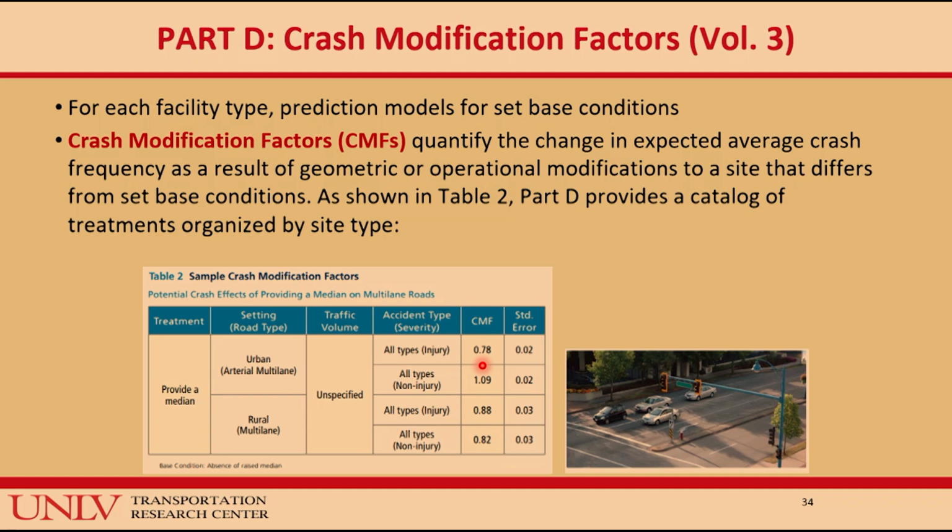The non-injury crashes, 20, is going to go up by 20 times 1.09, so 21.8. So we have a reduction from 10 to 7.8 on average for the injury crashes and an increase from 20 to 21.8. Now we use the VSL value for injury crashes, that was 5 million, for non-injury crashes it was 30,000. So multiply the two. The benefits of reducing the injury crashes are much higher than the increase in non-injury crashes.